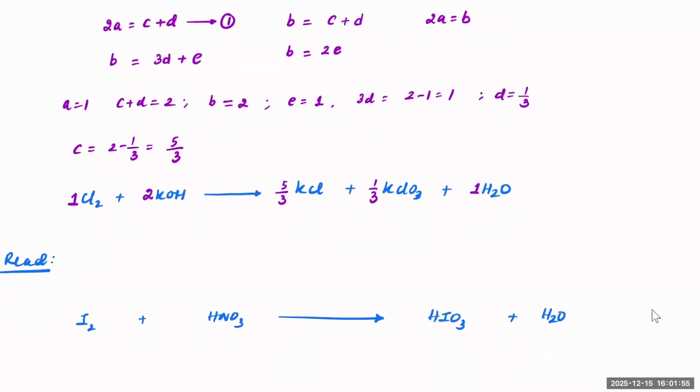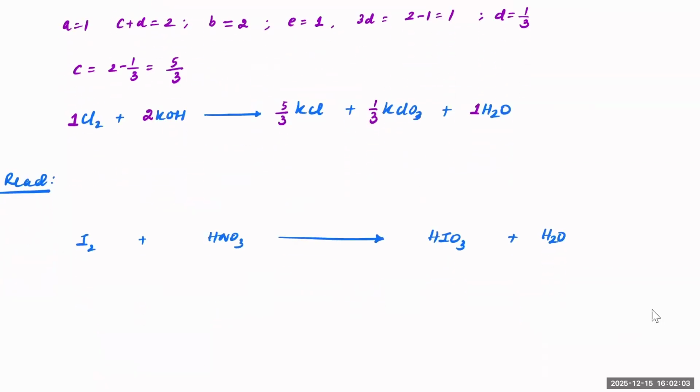Okay. The common factor I can multiply to make it simple integers is 3. So after multiplying with 3, I will get 3 Cl2 plus 6 KOH giving 5 KCl plus 1 KClO3 plus 3 H2O.